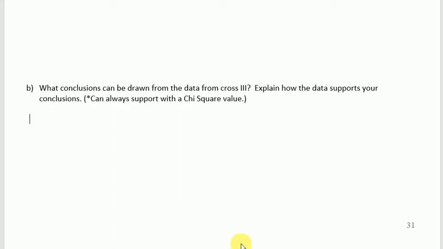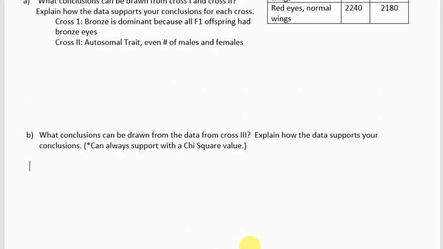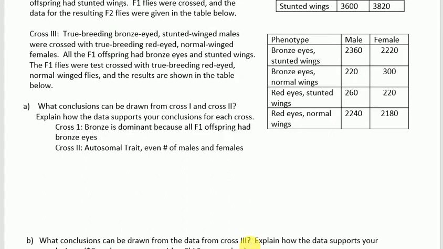Okay, so let's go back up here to cross 3. So we can see the numbers. If you look, we obviously have some linked genes or some recombination going on, some crossing over. So we should have gotten a 1-to-1 to 1-to-1 ratio, and we did not.